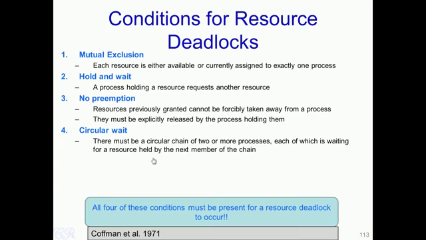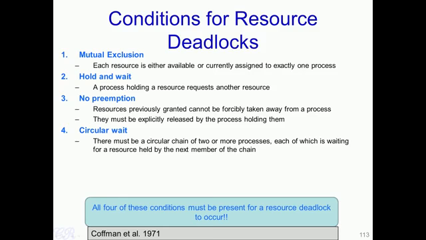If, for instance, we were able to build a system where one of these conditions were not present, for example, a system where processes cannot hold a particular resource and wait for another resource at the same time, such a system would never have any deadlocks.